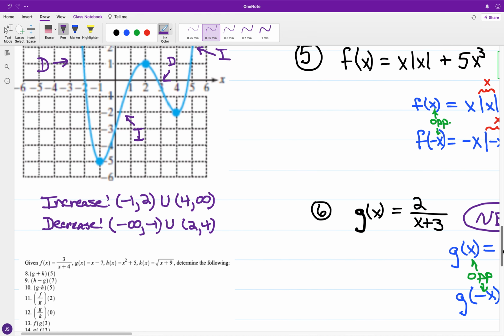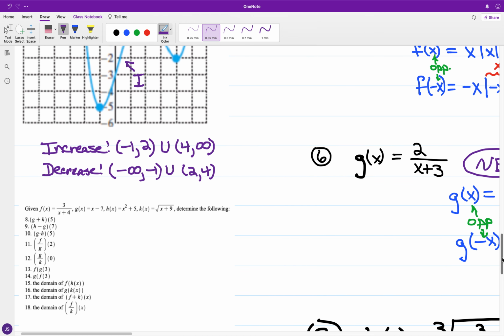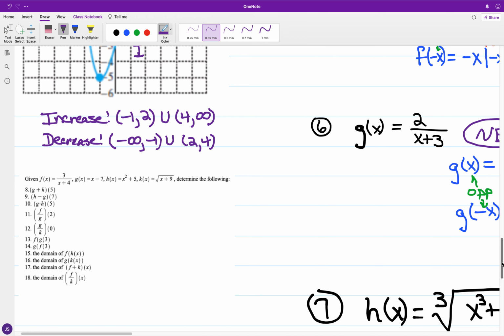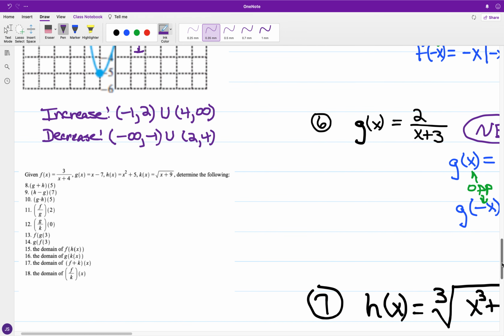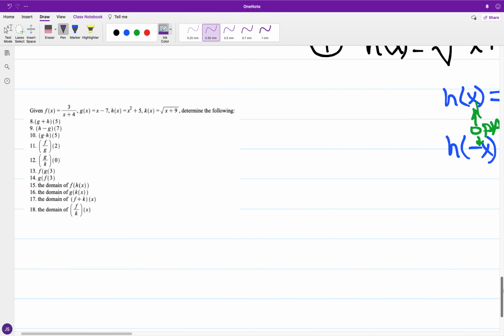Now, in looking at the set of items with our four given functions, f of x, g of x, h of x, and k of x. For number 8, we're looking at g plus h of 5.